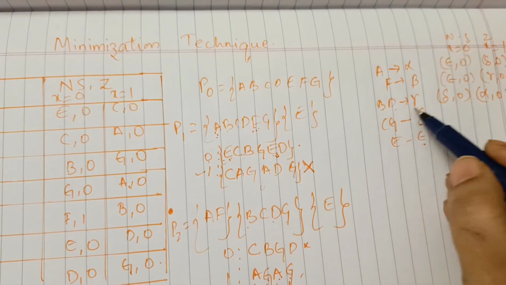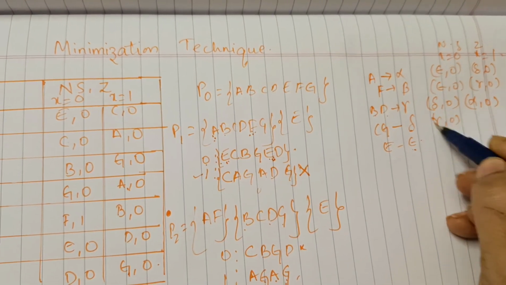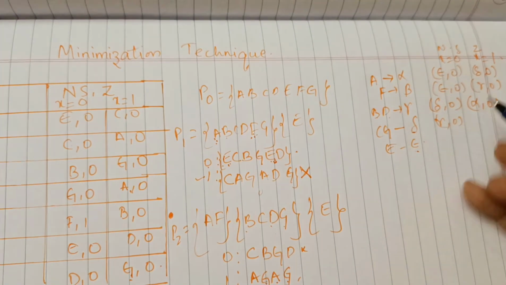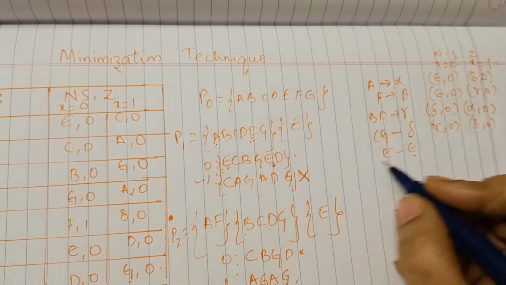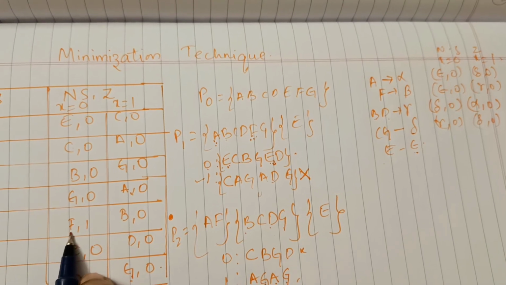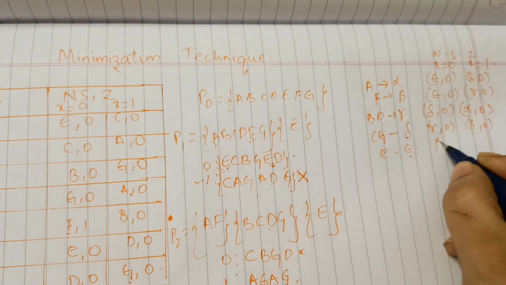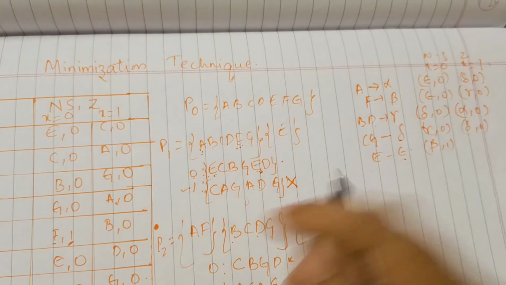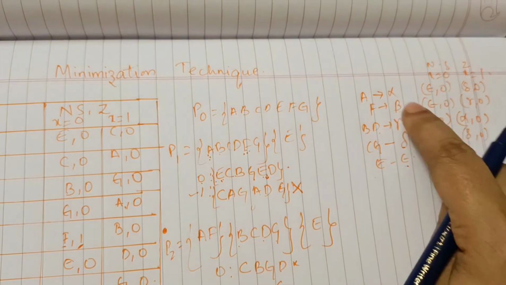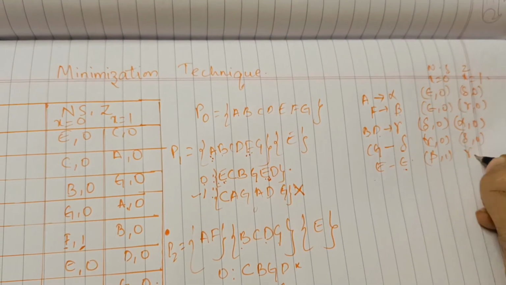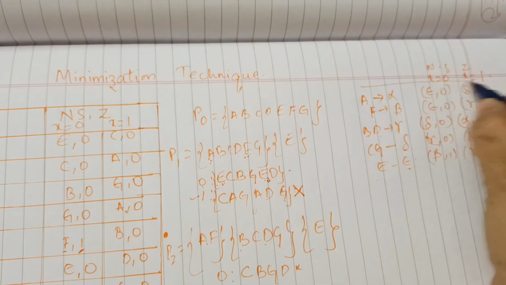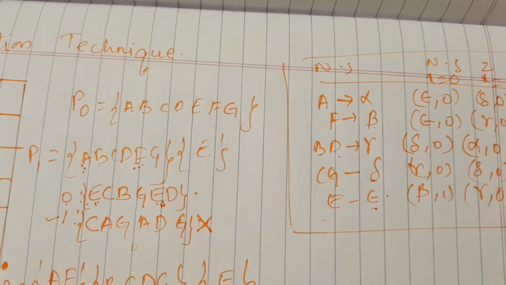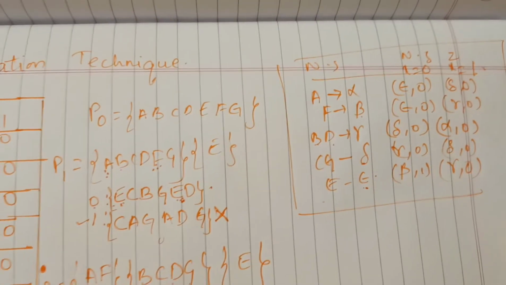BD means gamma, gamma comma 0. GG means delta, delta comma 0. Now E. E means F is telling. F means beta. Here 1 is there, no? That's why you will write here 1. And one more thing is B, gamma 0. So this is the reduced form of writing this tabular column.